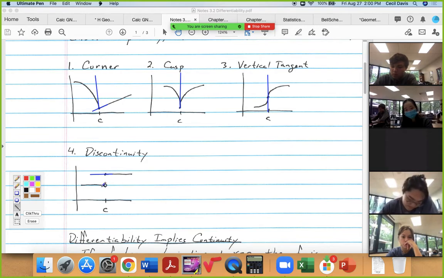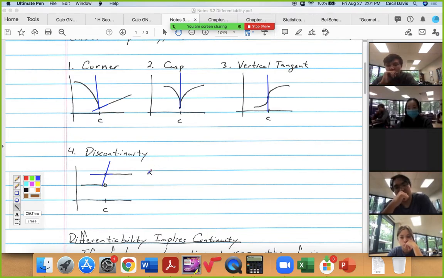Over here, when I connect this point to this, what kind of slopes am I getting? What kind of a slope is this? It's not 0. It's clearly positive, and if I move this point down closer to the hole, it's going to become closer and closer to a vertical line.